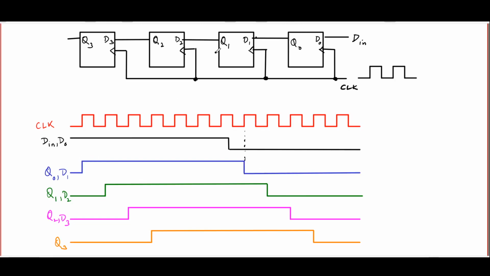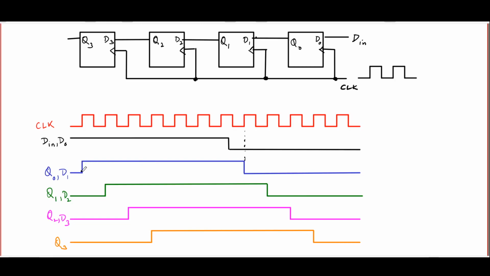But what about Q1? Well, remember that Q0, the output of the rightmost D flip-flop, is also the input to the next D flip-flop, that is D1. Now, although I have shown Q0 to go high the moment the clock edge appears, because D0 is high, strictly speaking, there will be a slight delay because there will be some time needed for the signal to propagate through your D flip-flop.